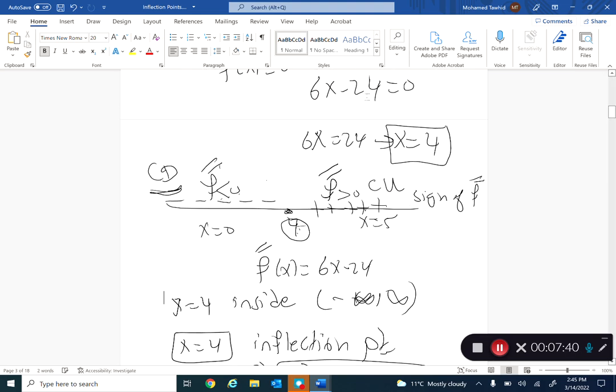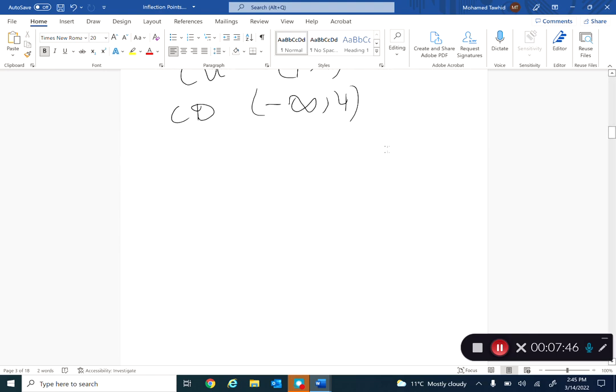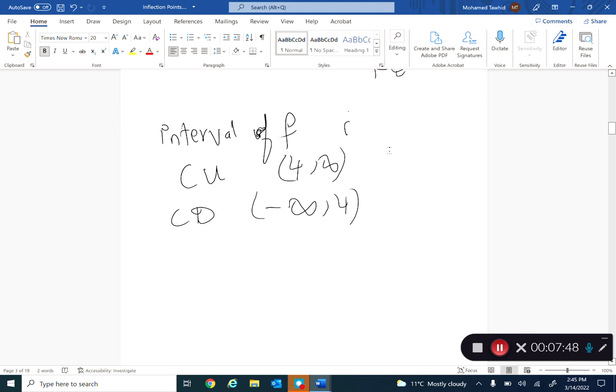So the inflection point helps us find the intervals where f is concave up and concave down.